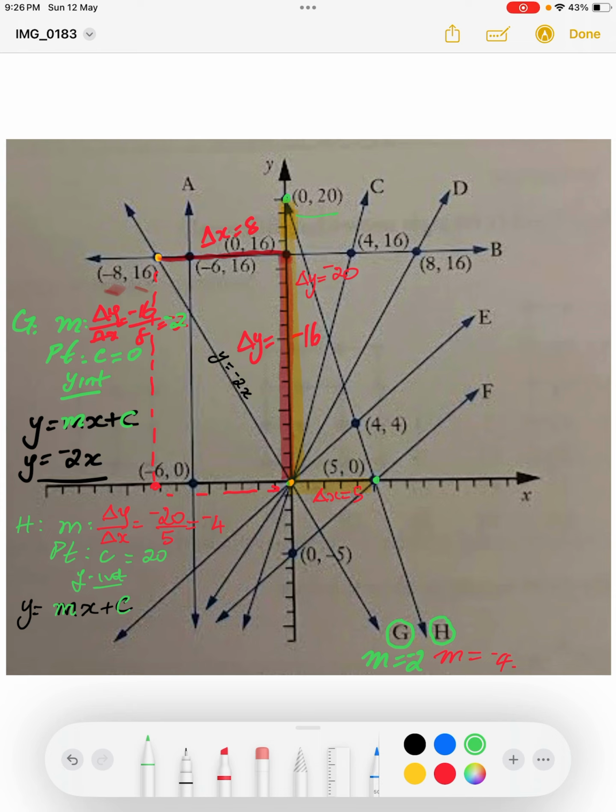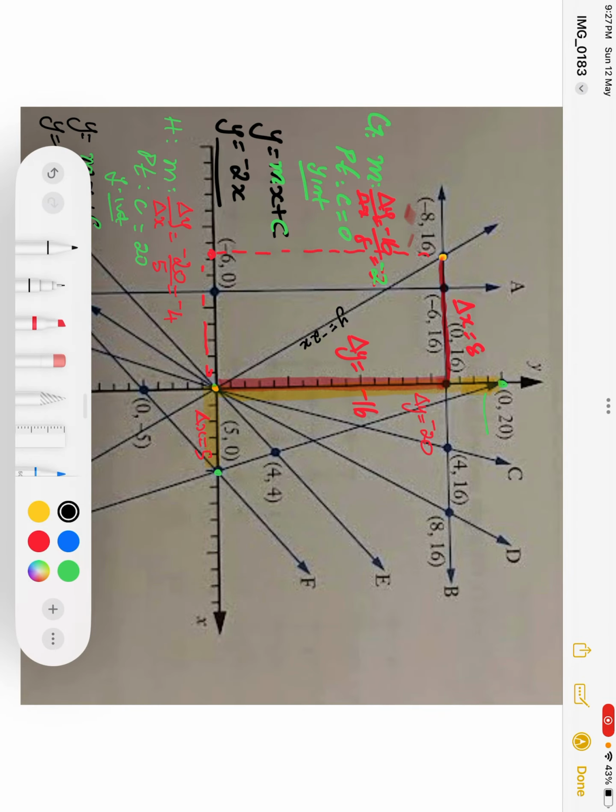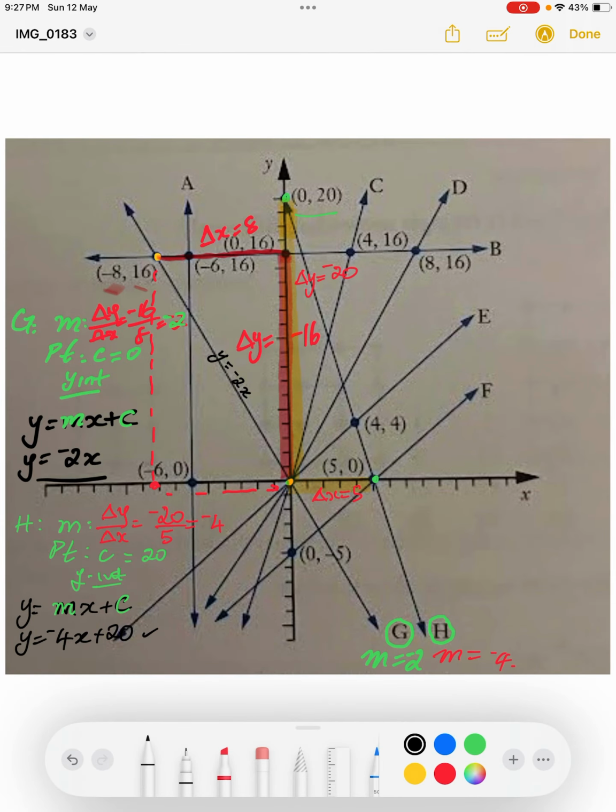For c we will use 20. So we can write y equals negative 4x plus 20. And so we could write in very small letters y equals negative 4x plus 20. And we can write that along that line.